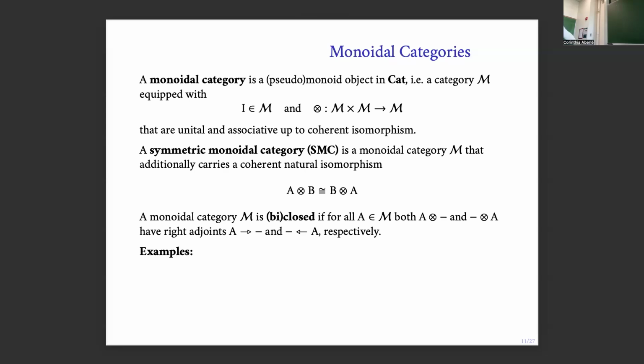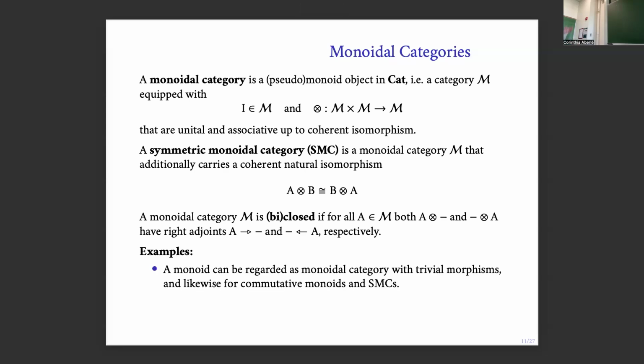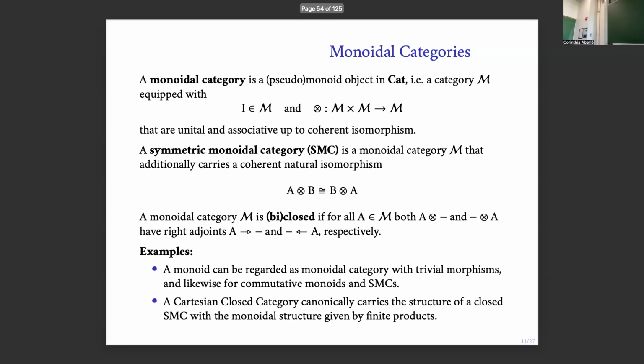Let's have some examples. Any monoid can be regarded as a monoidal category with trivial morphisms, and likewise commutative monoids and symmetric monoidal categories. And then also, perhaps more interesting for the purpose of this talk, a Cartesian closed category canonically carries the structure of a closed symmetric monoidal category, where the monoidal structure is just given by finite products. The unit element is the terminal object, and the tensor is given by binary products.